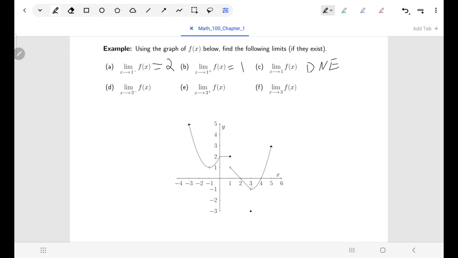We can see, though, for 3 that if you're looking at the limit as what happens as we approach 3 from the left, the y values are all getting close to -1. And as you approach 3 from the right, the y values are also getting close to -1. And so since we're approaching -1 from the left and also from the right, then I can say just in general, my limit as x approaches 3 for f of x is -1.